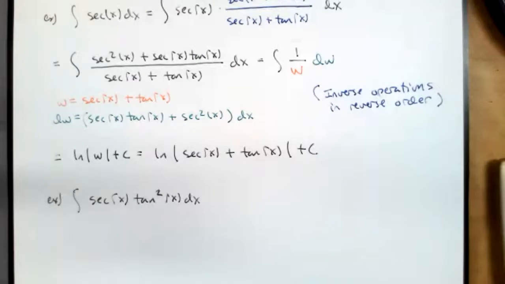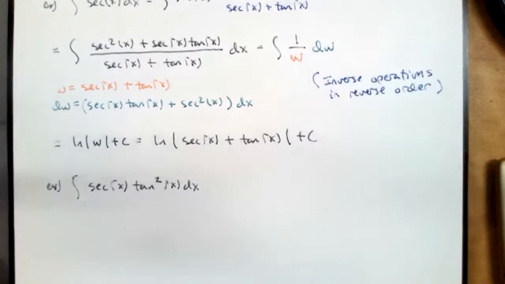If I can write secant to the third in terms of the integral of secant to the first, and then use that to generalize, so I can write the integral of secant to the fifth in terms of the integral of secant to the third and secant to the first, then it's better to think about just odd powers of secant and make the tangents go away. That way we're not just reintegrating the problem every single time.